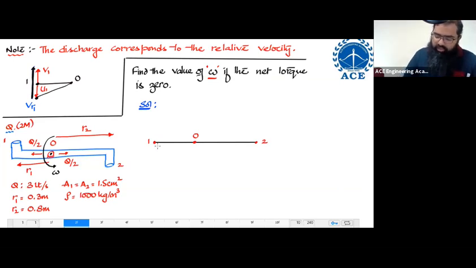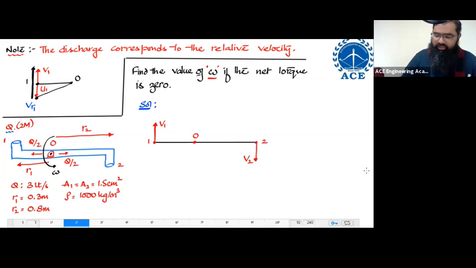At point 1, the fluid is coming upward with certain velocity. The velocity of the fluid coming up is equal to V1. Similarly, at point 2, the fluid is coming out with certain velocity. That velocity, let us say, is equal to V2.